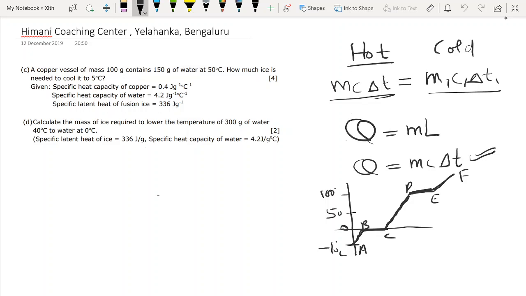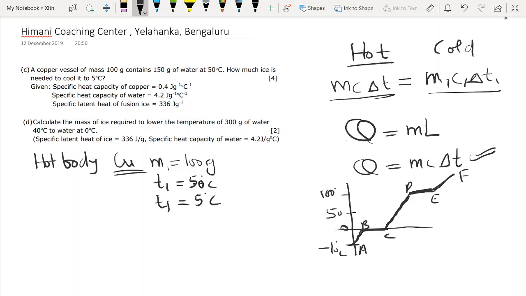Now let us understand, in this question the hot body is your copper vessel, whose mass m1 is given as 100 grams, and its temperature T1 is 50 degrees Celsius, and the final temperature is 5 degrees Celsius.